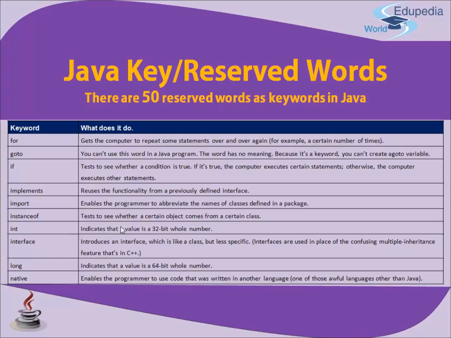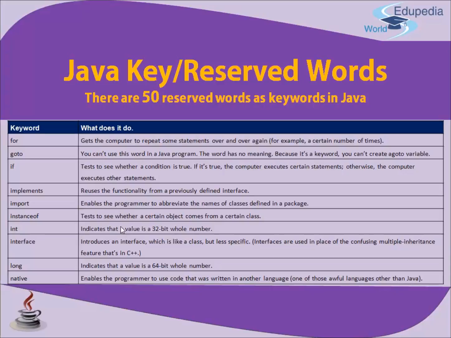Then you have instanceof. This tests to see whether a certain object comes from a certain class. That means you are comparing two things and checking the instances of each. Then int indicates that a value is a 32-bit whole number.